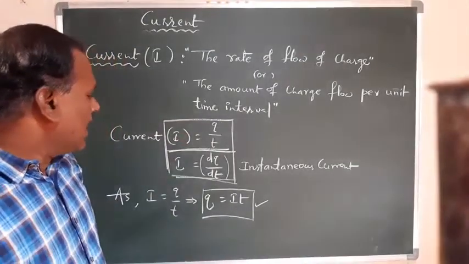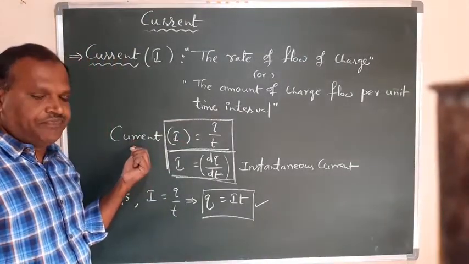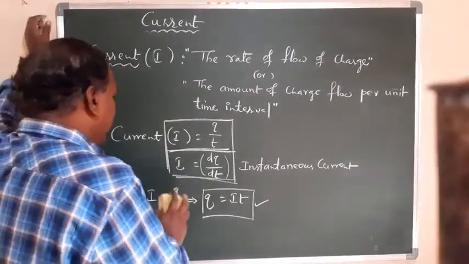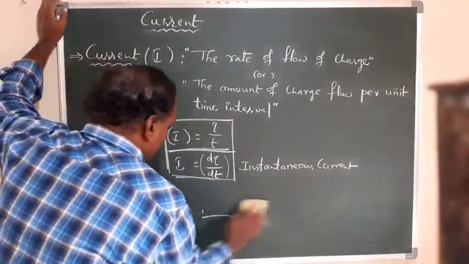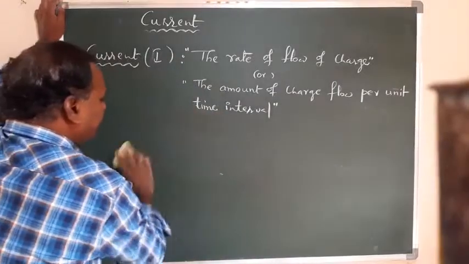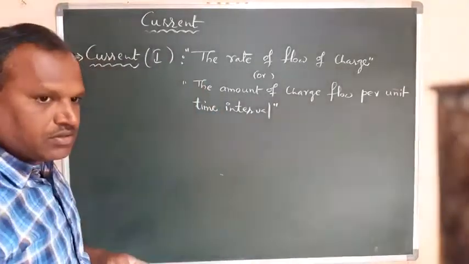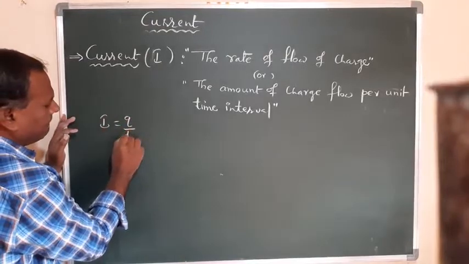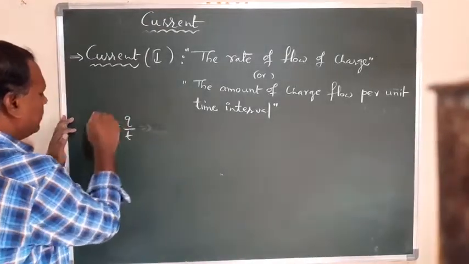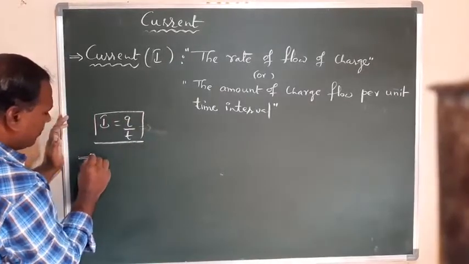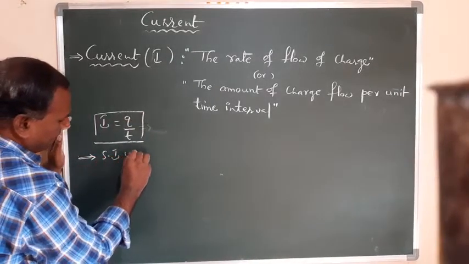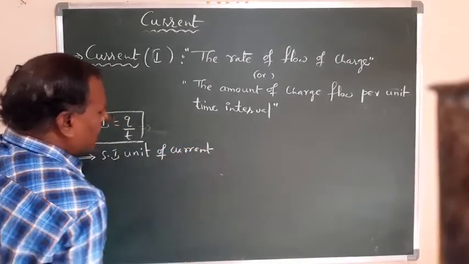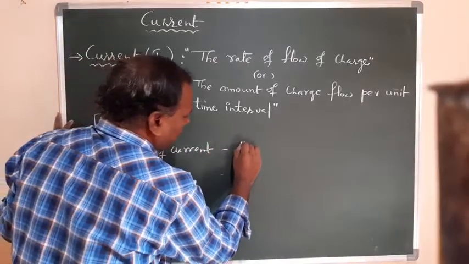Now I'll give you the SI unit of current. The SI unit of current is the ampere.